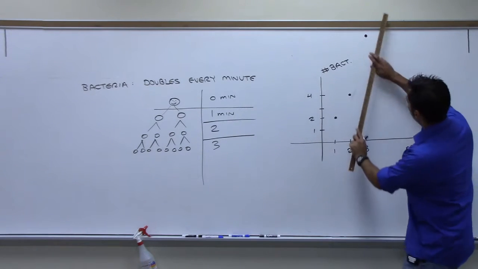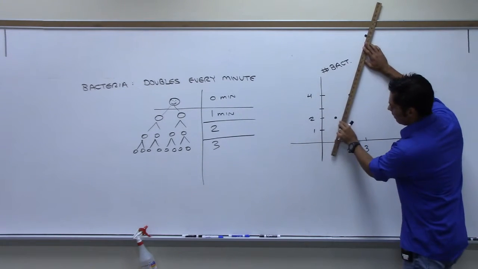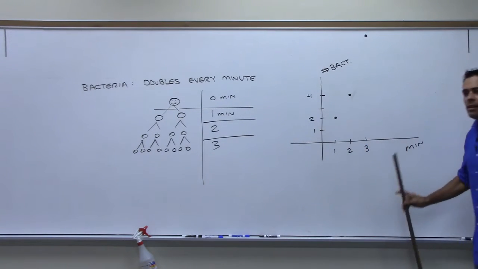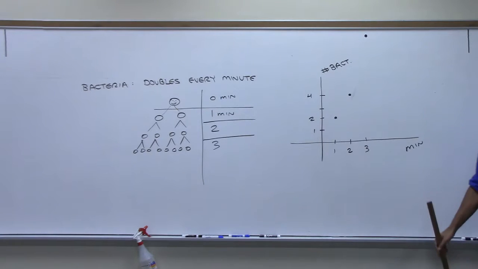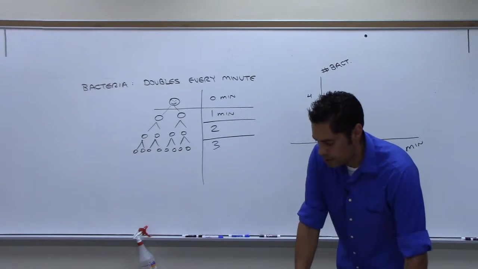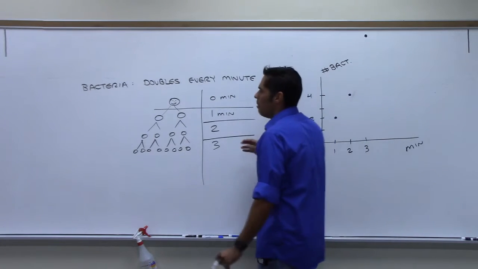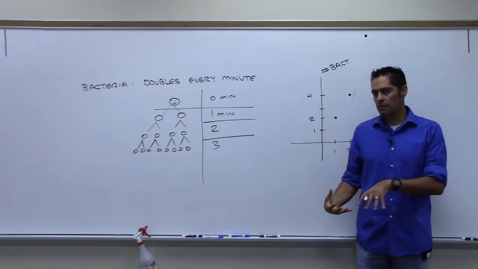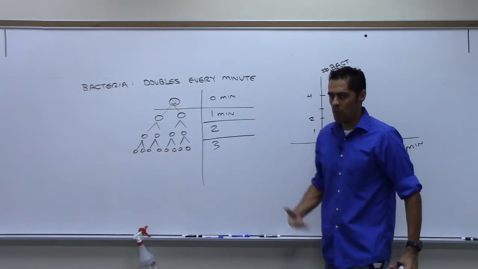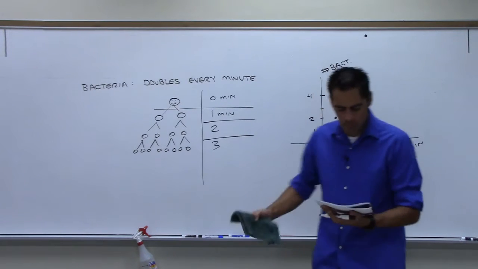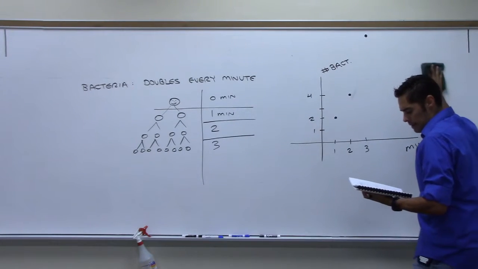I can't connect these with a straight line. So this is not linear growth. This is what we call exponential growth. The whole point of this problem is just to let you know that not everything can be modeled with a line. Bacterial growth is one example. All right, let's do another one.